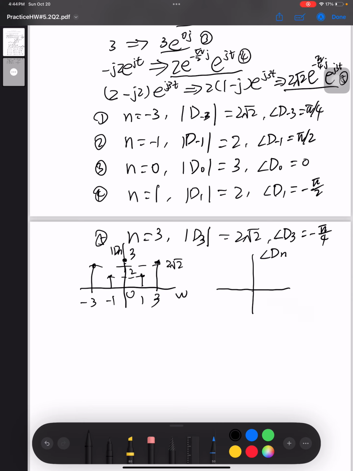Then about the phase part, which is D n. For the minus part, this is positive, so it's like this. But for the positive numbers, it's negative, so it's like this.